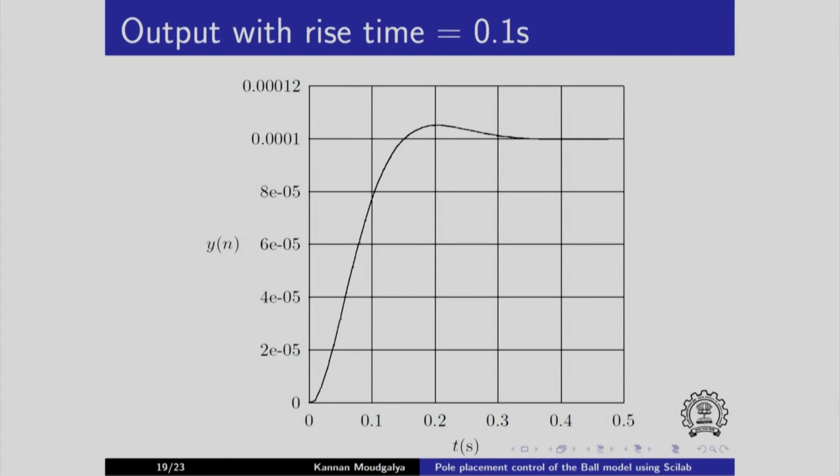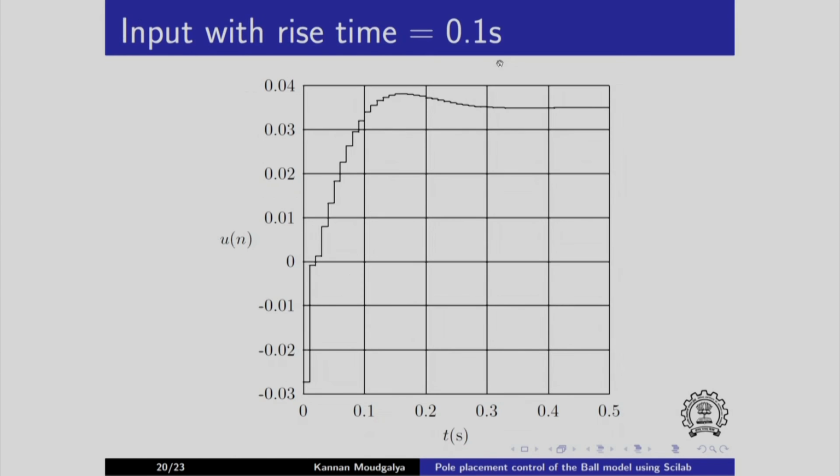Now let me go back and just simulate as we did before. This is the output we get with the rise time as 0.1 second. You can see that now the rise time condition also is met. The actual value is 1.5 times what we wanted here. As a matter of fact, this is at 0.15. So our choice was okay.